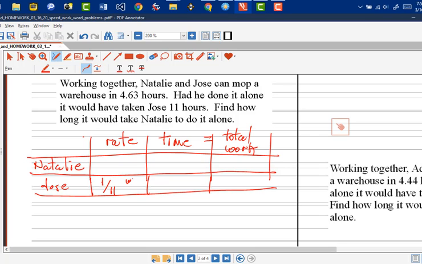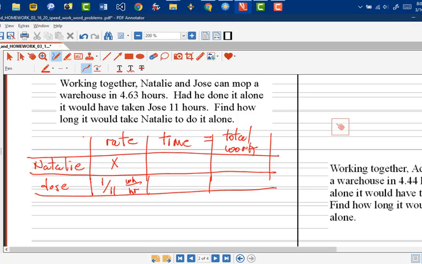So I'm just going to do it as WH per hour, one warehouse per 11 hours. And we're asked to figure out what Natalie's rate would be if she's working alone, so I'm going to make that be x.